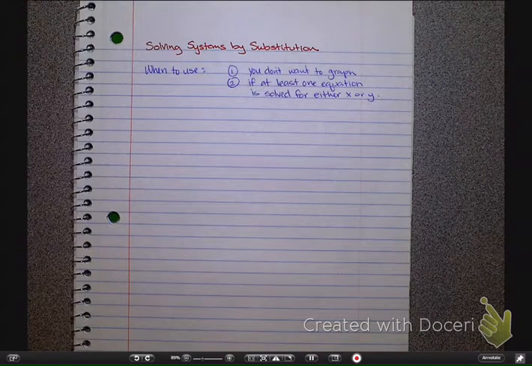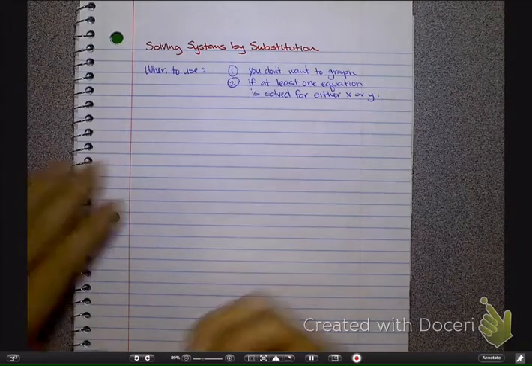It doesn't matter to me how you find the answer, whether you do it by graphing or whether you do it by substitution, which is more of an algebraic method. Either method will come up with the same answer, and it will be correct. So this is just another option for you guys to use. All right. Okay, so let's go ahead and take a look at our first example.